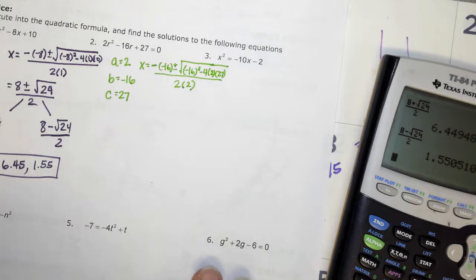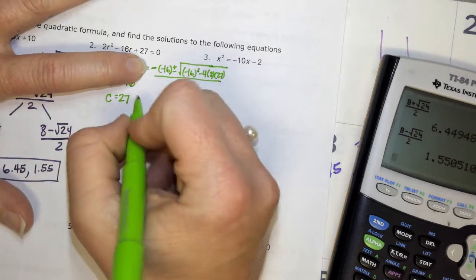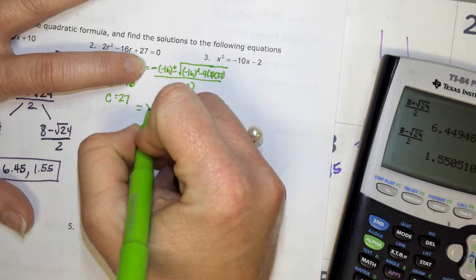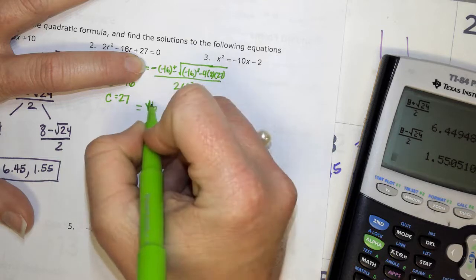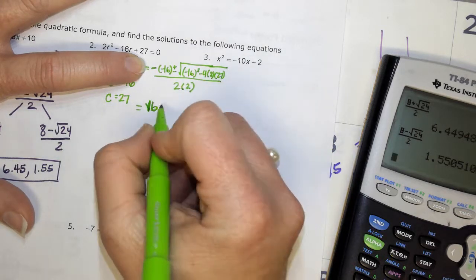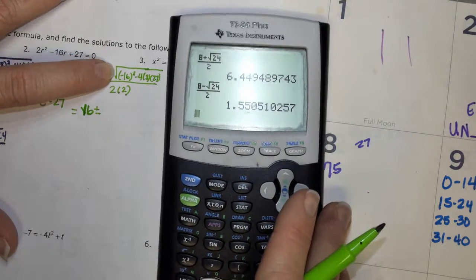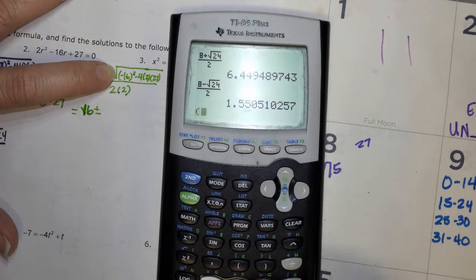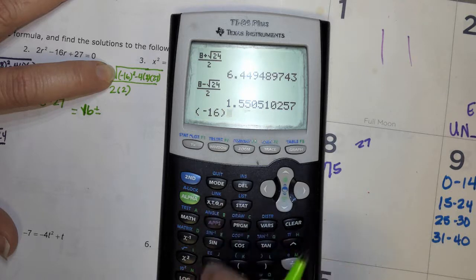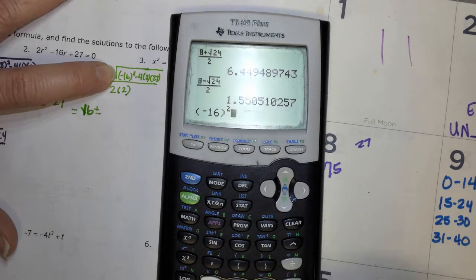Okay, so let's start simplifying. So again, these two negatives give me a positive 16. Plus minus, so let's see what is inside of our square root here. So I have negative 16 squared minus 4 times my a times my c.